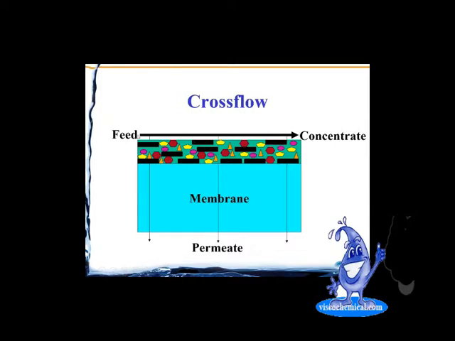This is called the boundary layer. In the boundary layer, dissolved substances concentrate, but they can diffuse out. Diffusion is random motion from areas of higher concentration to areas of lower concentration.